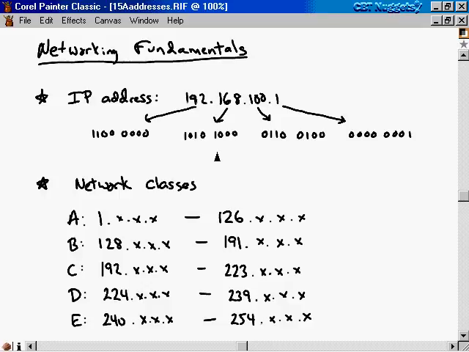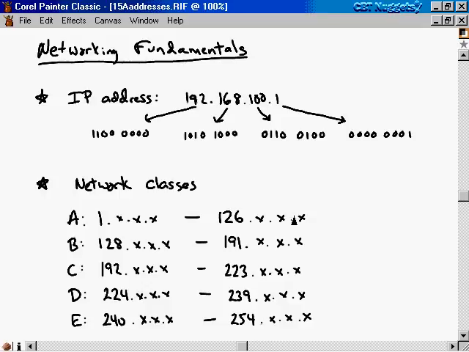Now, there are different network classes on the internet, and these network classes are distinguished by their IP addresses. Class A networks have IP addresses that range from 1.x.x.x up to 126.x.x.x. If you have a Class A network, your network is defined by the first octet.